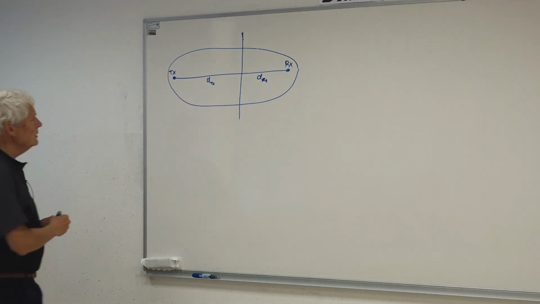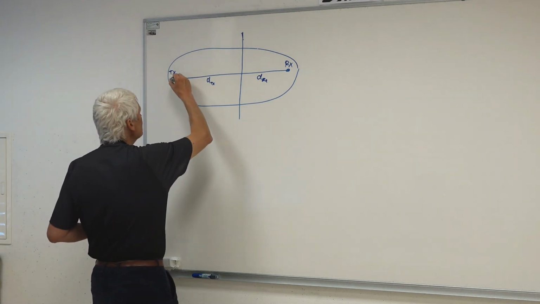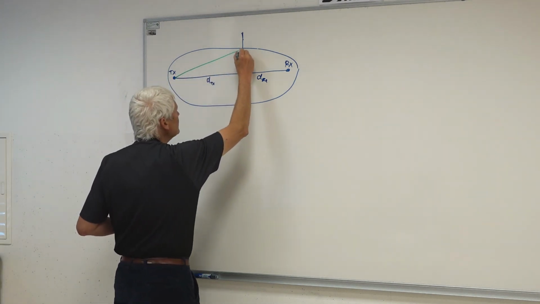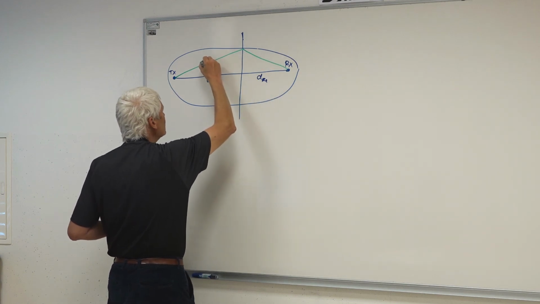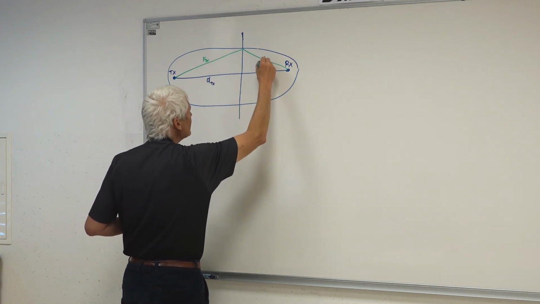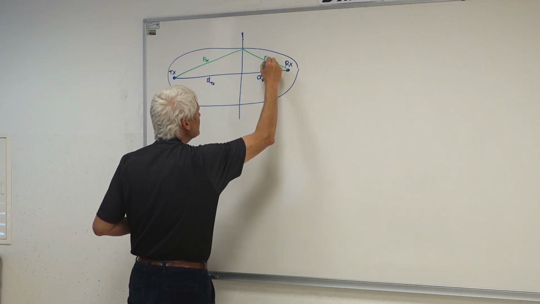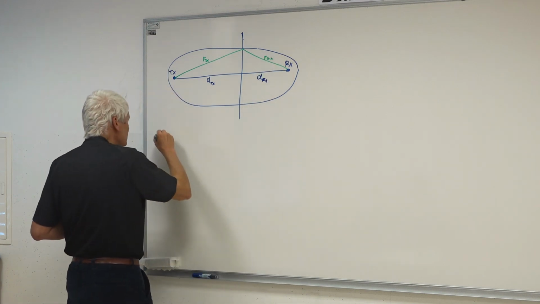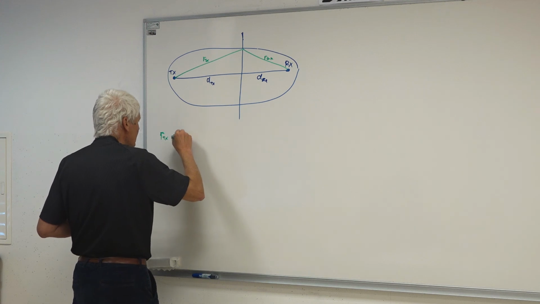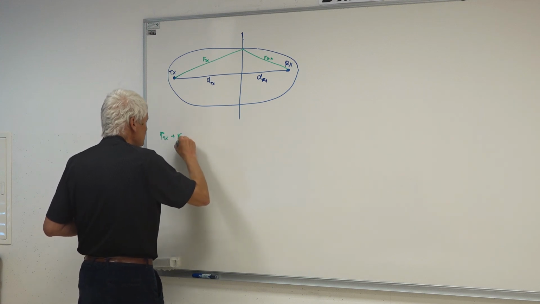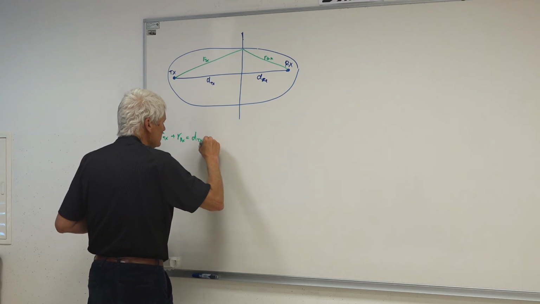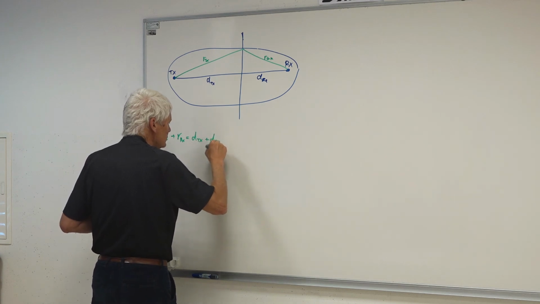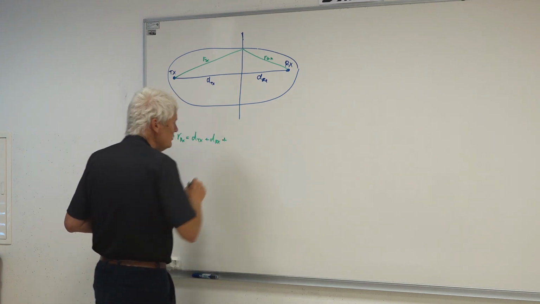So this length here, denoted R transmitter, R receiver. Now that R transmitter plus R receiver is D transmitter plus D receiver. This is the straight shortest distance plus some difference.